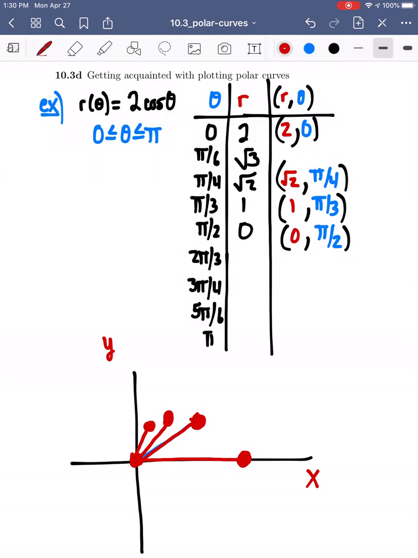At an angle of 2 pi over 3, r is equal to 2 times the cosine of 2 pi over 3, which is negative 1/2. So 2 times negative 1/2 gives us a -1. So we're at r equals -1 at an angle of 2 pi over 3. Let's check this out. At an angle of 2 pi over 3, normally we would be pointed in that direction in the second quadrant.